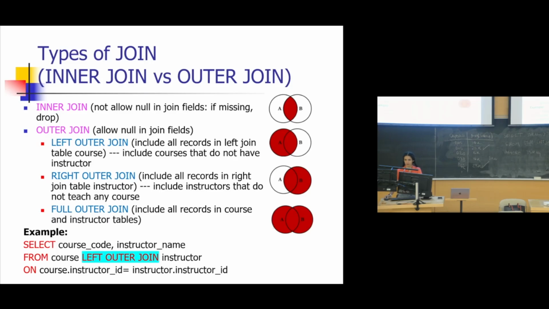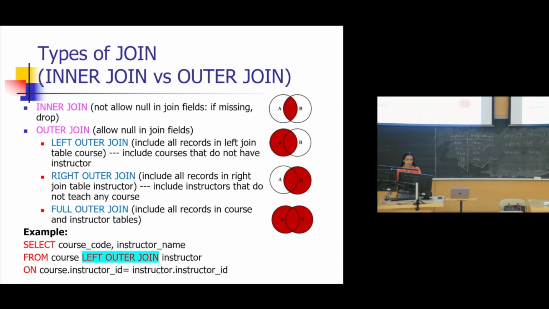And the common ones on the right. So does it include, for example, all the courses, even if those courses have no students yet, no instructor yet?